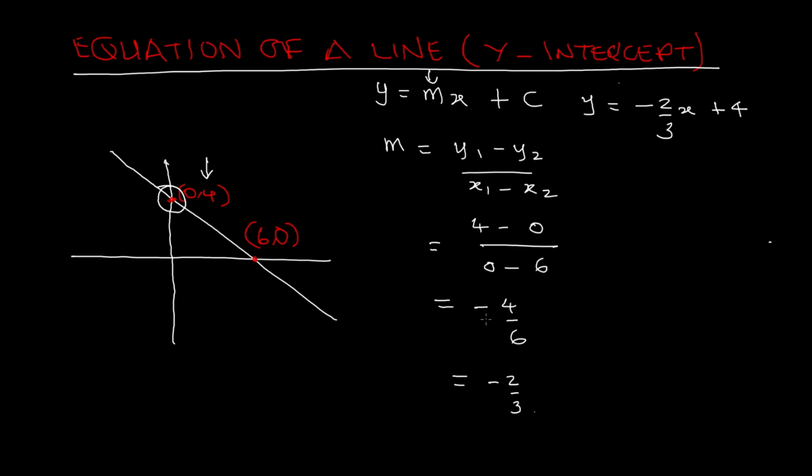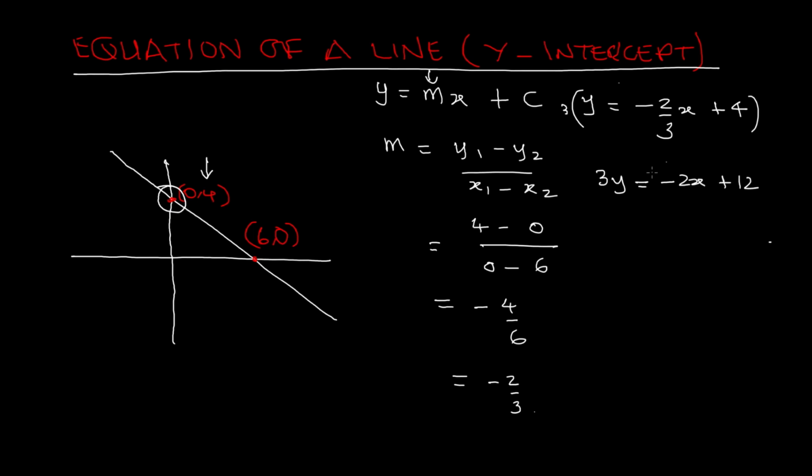I can change this a little bit by multiplying throughout by 3 to remove the fraction. If I multiply this whole equation by 3, I'll get 3y equal to negative 2x plus 12.